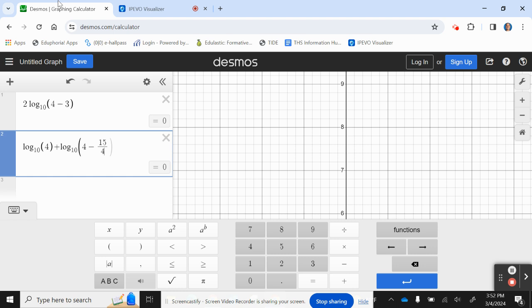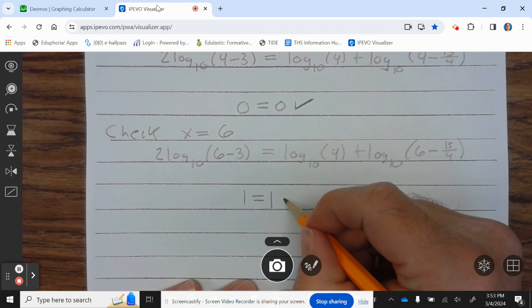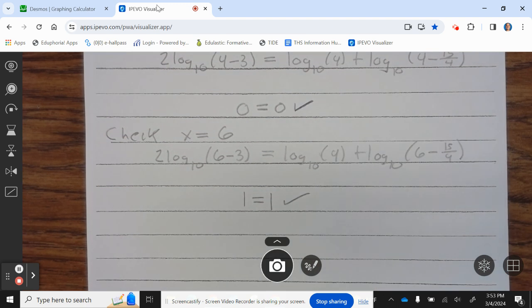Now, we already have those in, so we just need to change the 4 to a 6 in both locations. And it looks like those both round to 1, so 1 equals 1. So this checks. So x equals 6 is also a valid solution.